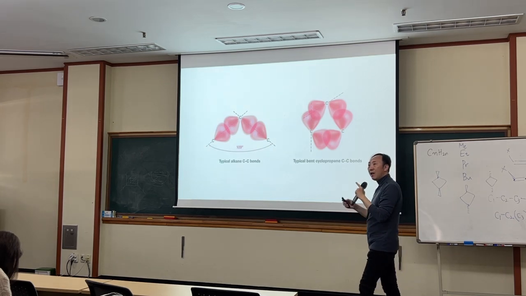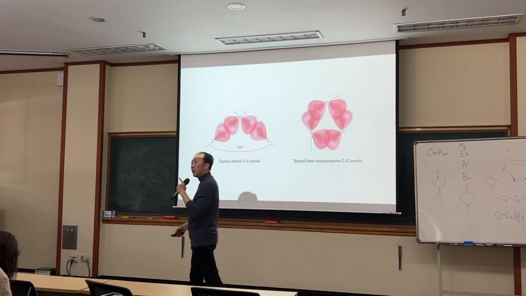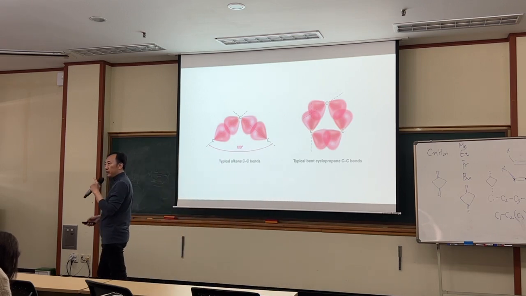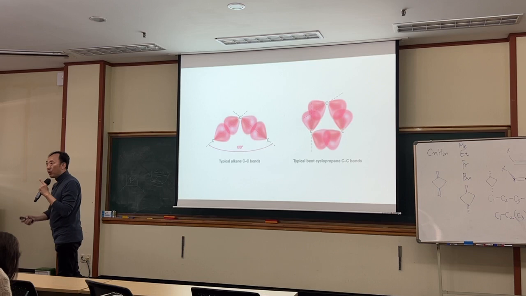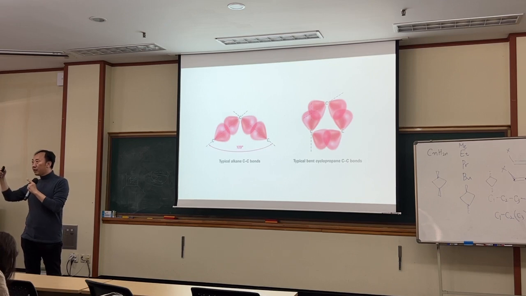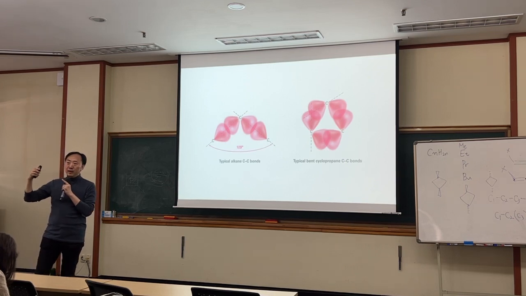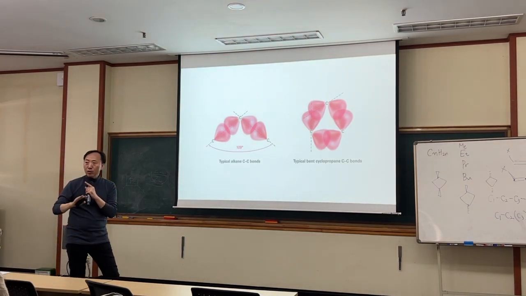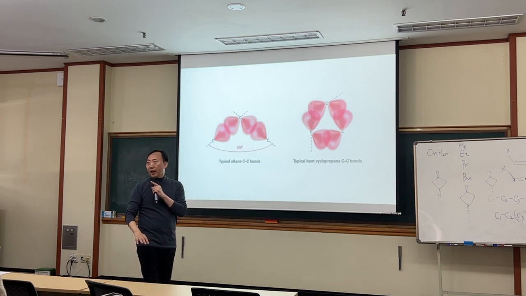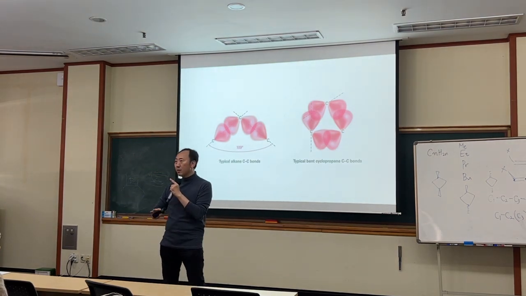That means this bond dissociation energy can be smaller than a regular CC bond. Bond dissociation energy being smaller means it's easier to break, meaning the energy is higher, which means it's more unstable. Right? Stable means energetically it's a lower energy state and it's more difficult to break. That's why bond dissociation energy is bigger.